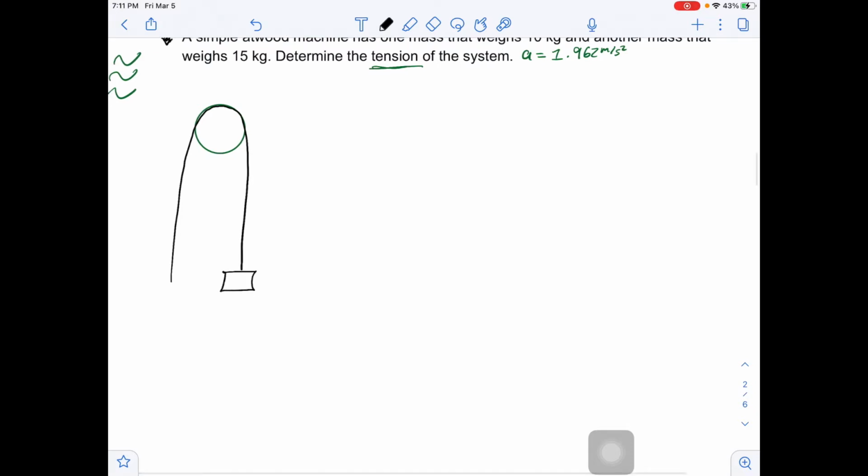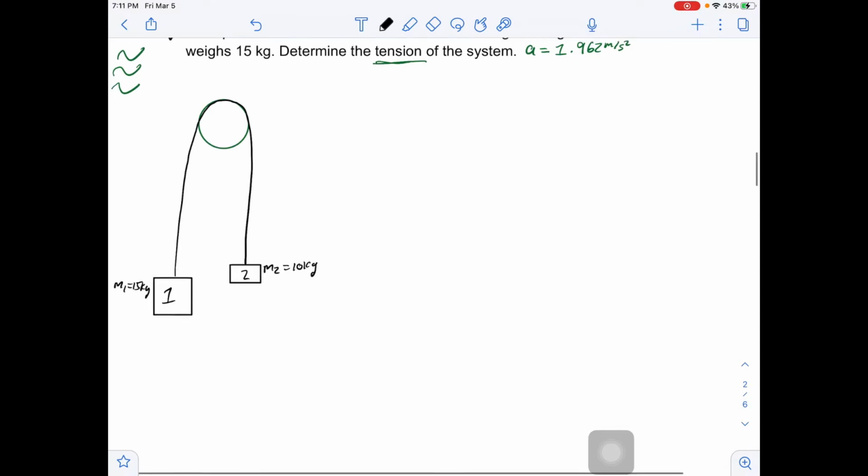So here is my little mass 10, and again we call that 2, so this is mass 2, which is 10 kilograms. And here, this is mass 1, which was 15 kilograms.